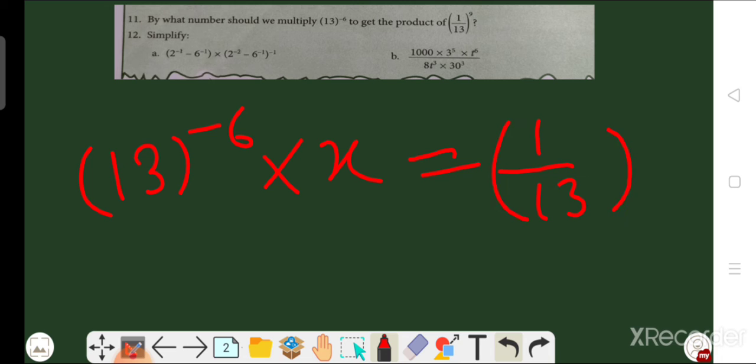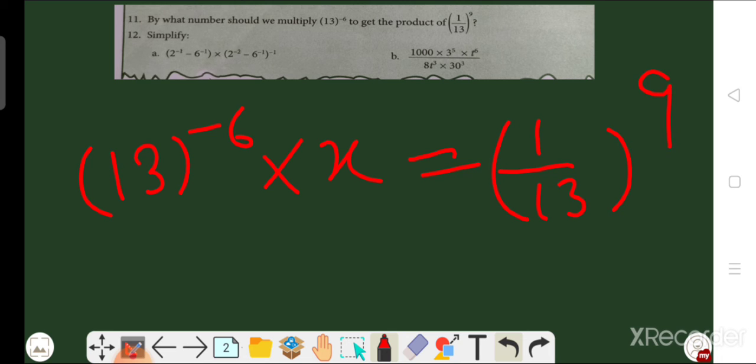In the 11th question, what we have is: by what number should we multiply 13 raised to the power minus 6 to get the product of 1 by 13 raised to the power 9? What is given in this question? We have to multiply a number to 13 raised to the power minus 6 such that the product will become 1 by 13 raised to the power 9.